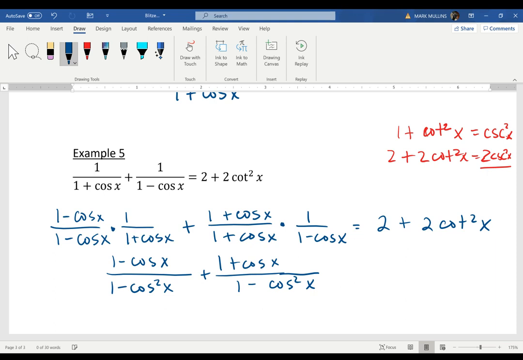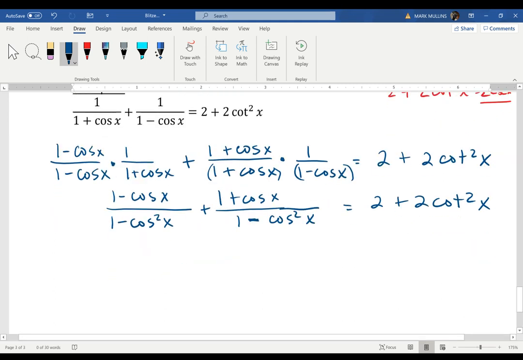So remember, when we multiply 1 plus a cosine times 1 minus a cosine, difference of squares is what we're going to get here. So now, let's see. I can put those together in one fraction. Oh, this is kind of interesting. 1 minus and 1 plus. So when I add them together, I'm just going to get 2 over 1 minus cosine squared x.